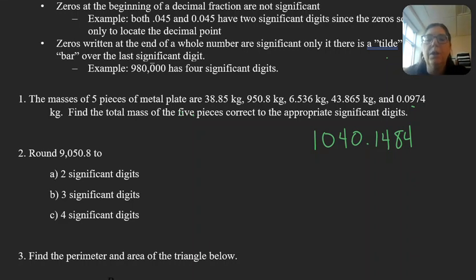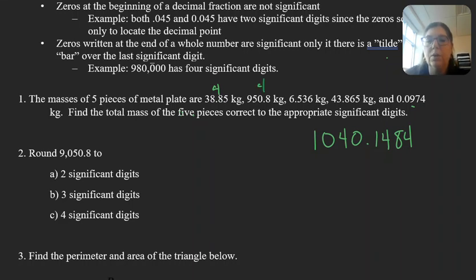Okay, now you might be like, do I just leave the number as is, or what do I do? When you're rounding an answer, you can only round to the same accuracy as the numbers previously. So 38.85 are all significant digits, so we have 4 of them. 950.8 does have a 0. That 0 is between a 5 and an 8, which are significant, so that makes the 0 significant.